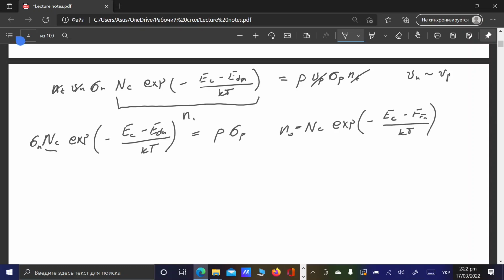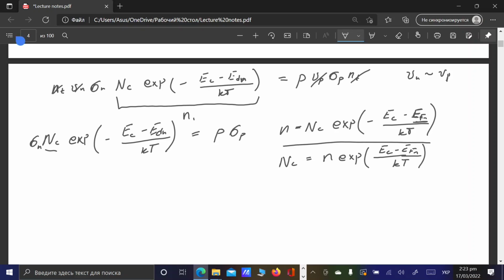So, sorry, this is not equilibrium charge carriers, this is total charge carriers because we use here the quasi-Fermi energy level for electrons. So now we can express Nc from this equation. So Nc will be equal to n times exponent, already no minus, it will be Ec minus Efn divided by Kt.